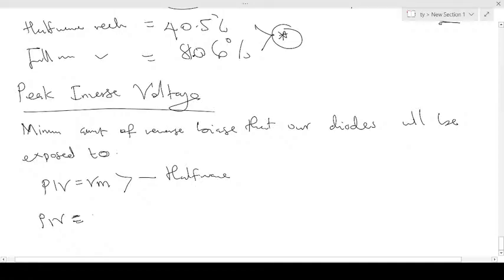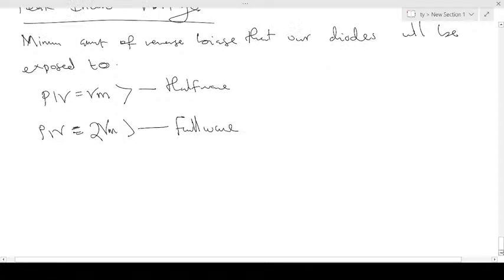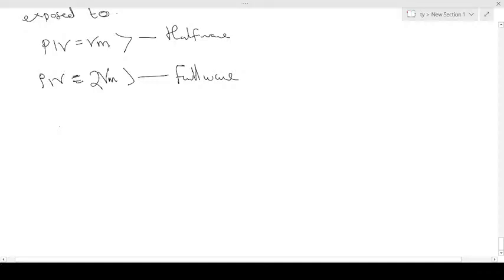It simply means that it will be double that of the half-wave rectifier, because just like the output voltage is double, so is our peak inverse voltage. So for the full-wave center-tapped rectifier, our peak inverse voltage is 2Vm, which is double that of the half-wave rectifier's peak inverse voltage.